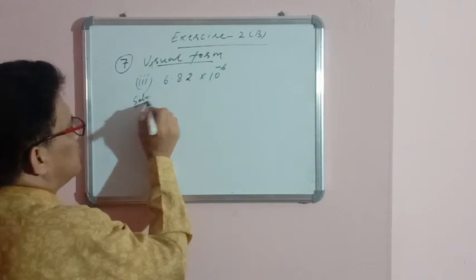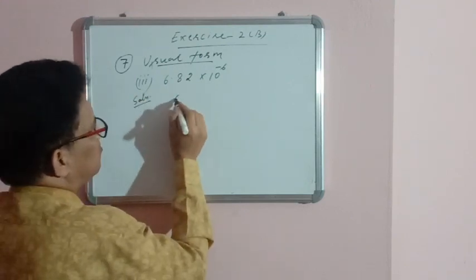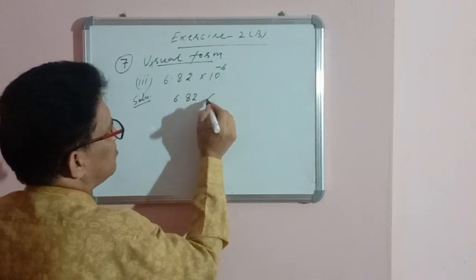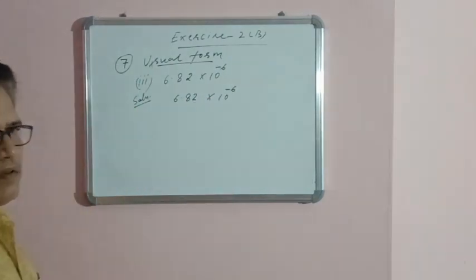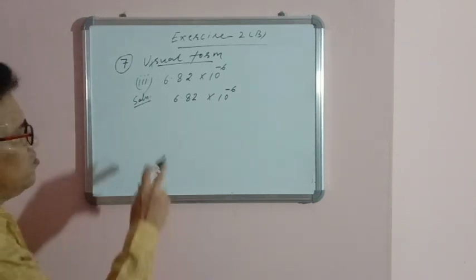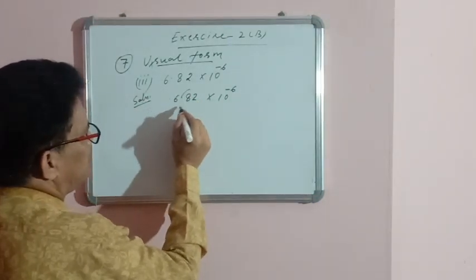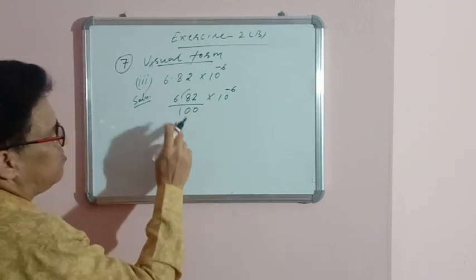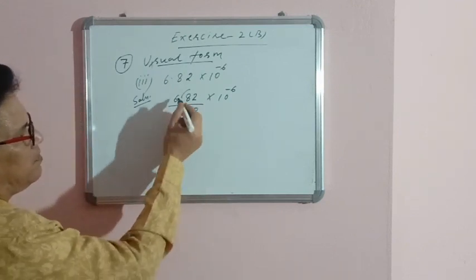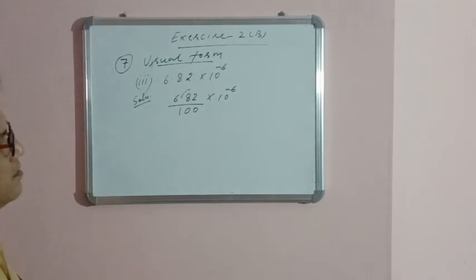So the solution: 6.82 into 10 power minus 6 is the question given here. Now we will remove this decimal sign. There are 2 digits after the decimal, so 100 will come here.